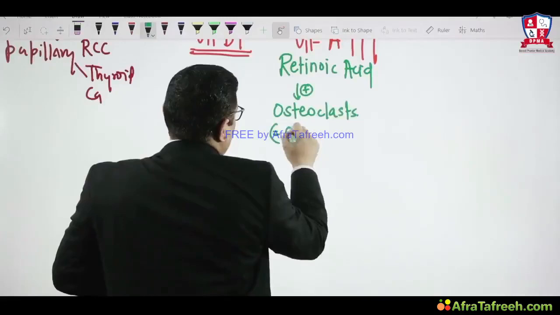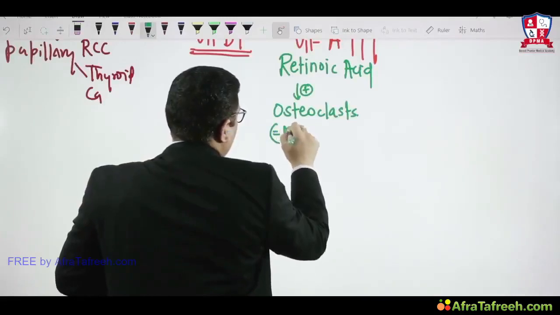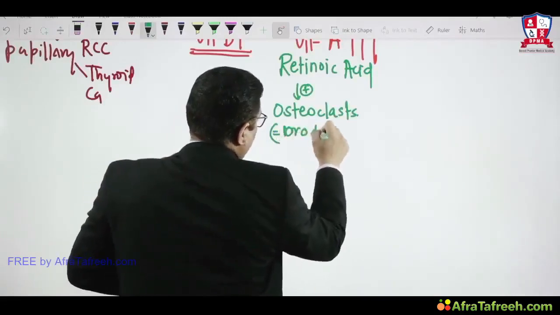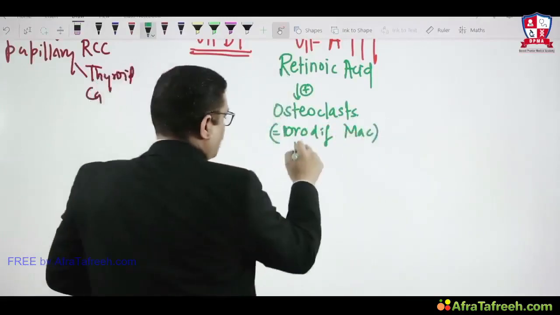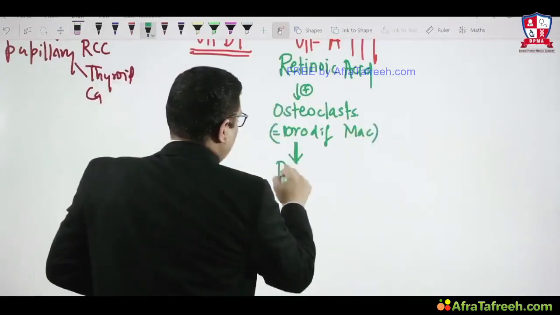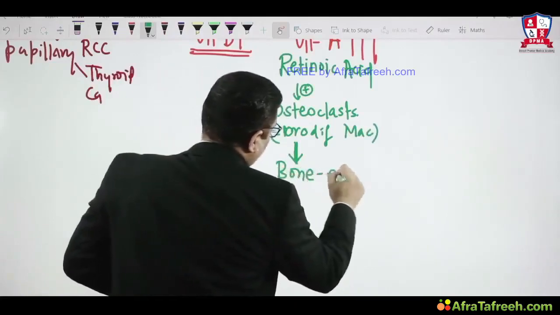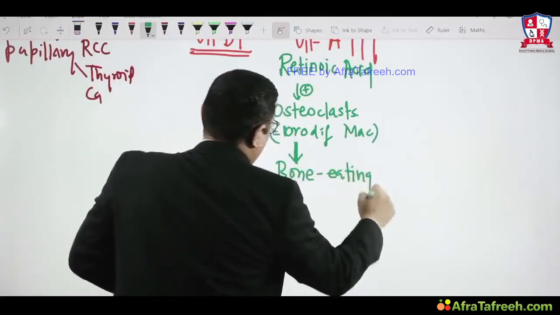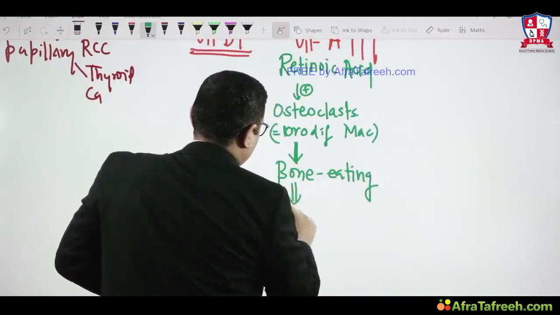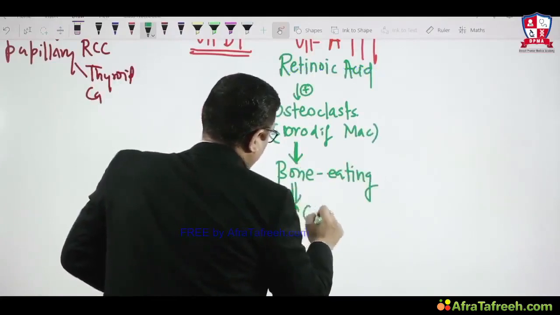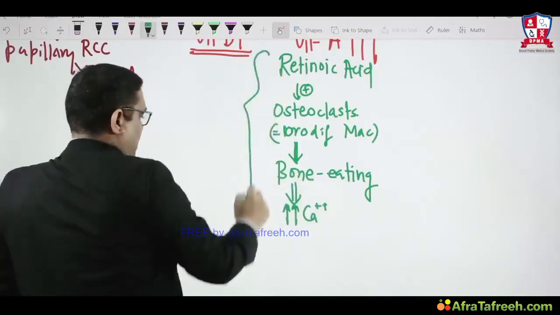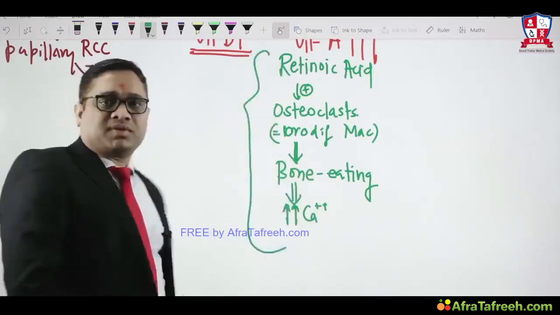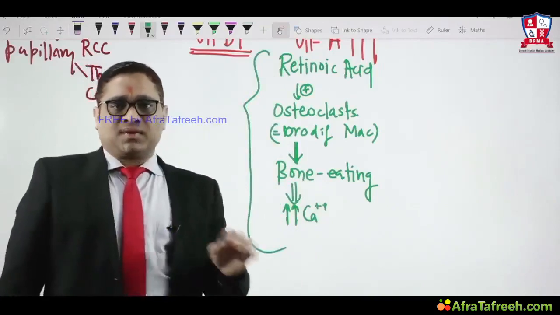These are the modified macrophages of the bone, right? They cause bone eating, and because of the bone eating, they release calcium into the serum, right? So that is how vitamin A excess is associated with metastatic calcification.